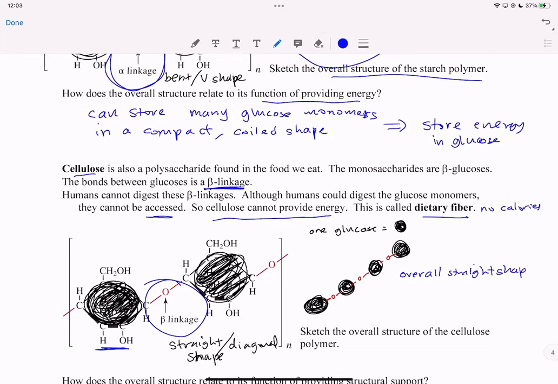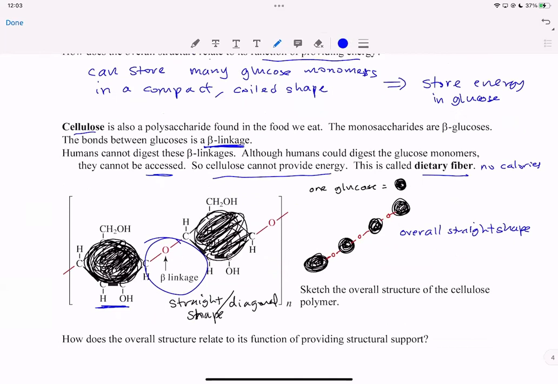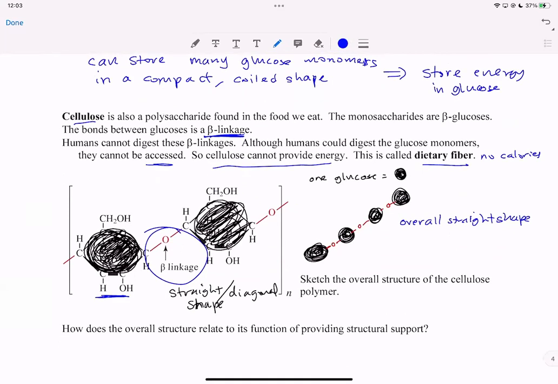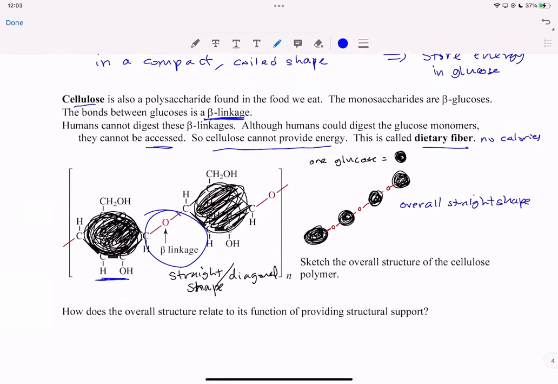And it is a good way then to bundle these up. They're basically a bunch of straight lines, and these can be very strong when you bundle them up.